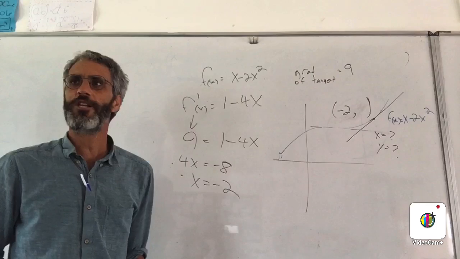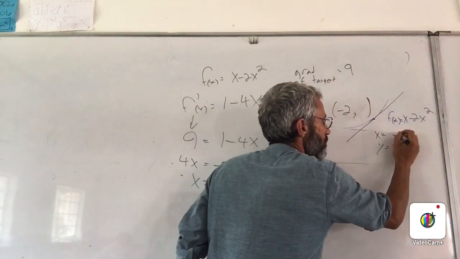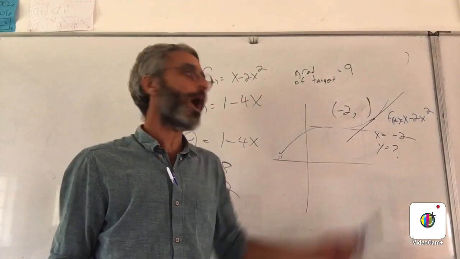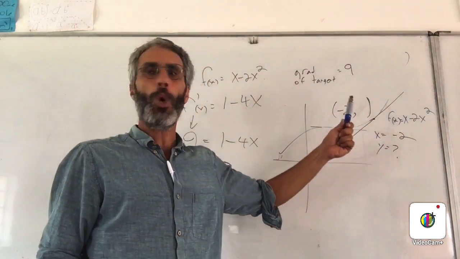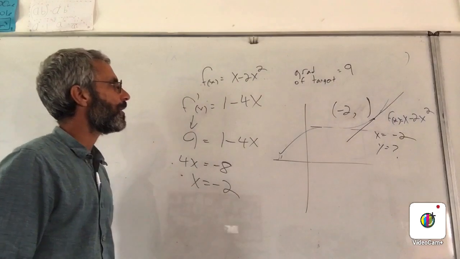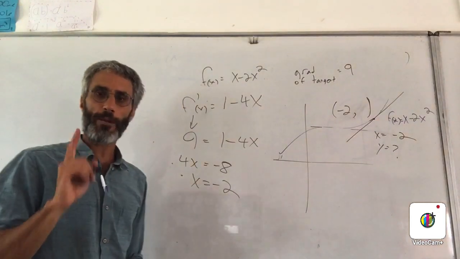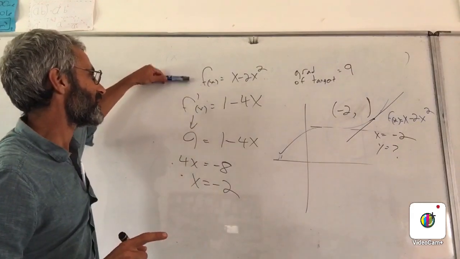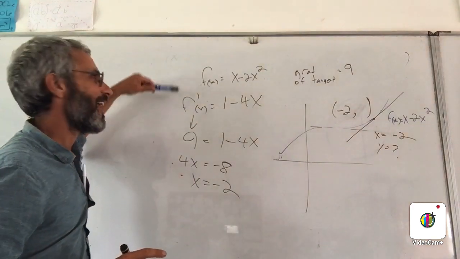Now, did we finish the work? x is minus 2. Did we finish the job? No. What do I need to find out? The y. Point of contact is x and y. How do I find the y? You're absolutely right, plug the x value in. The question is where? In the f of x or the f prime? f of x.